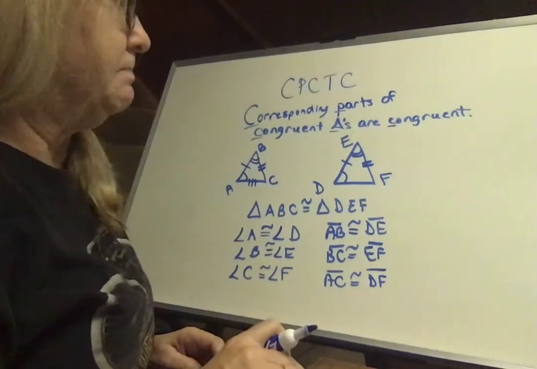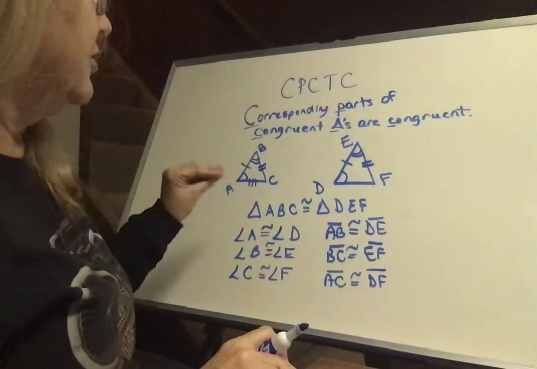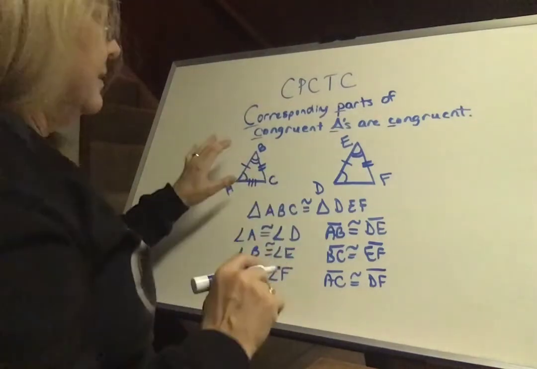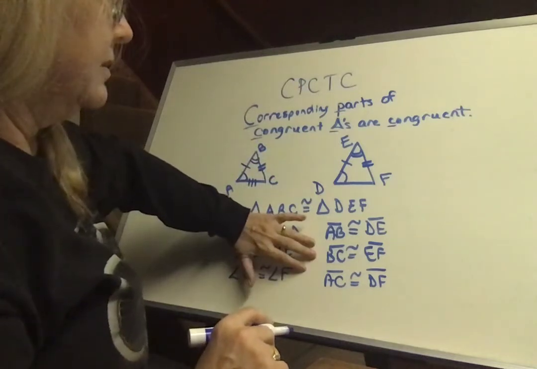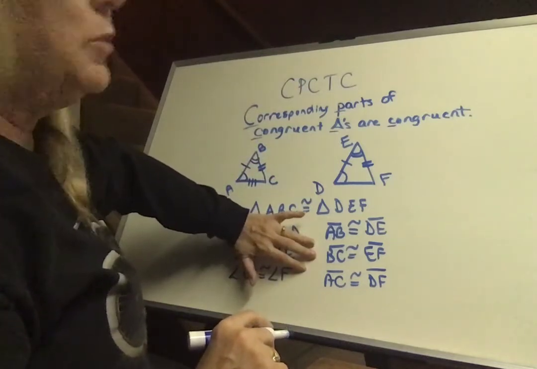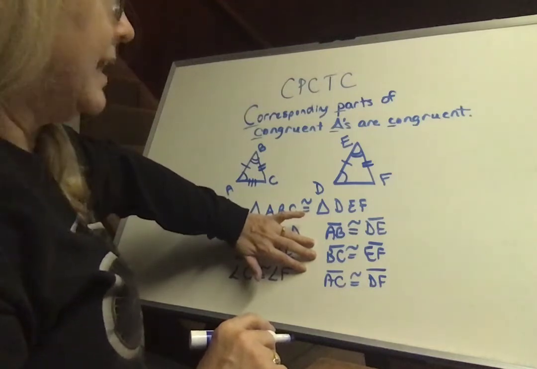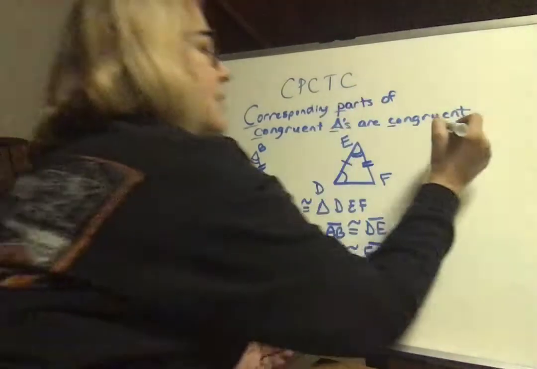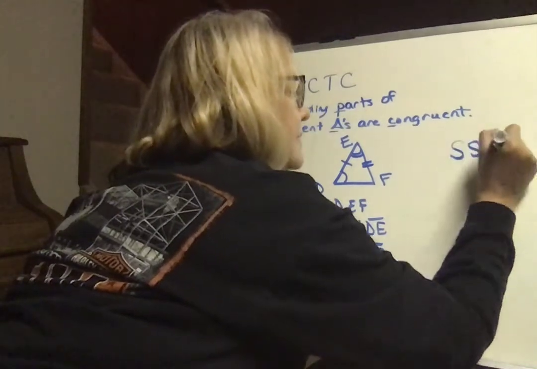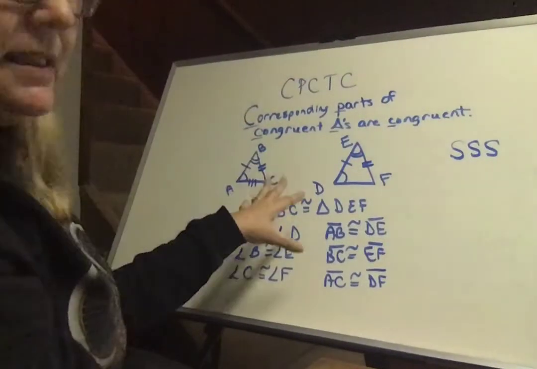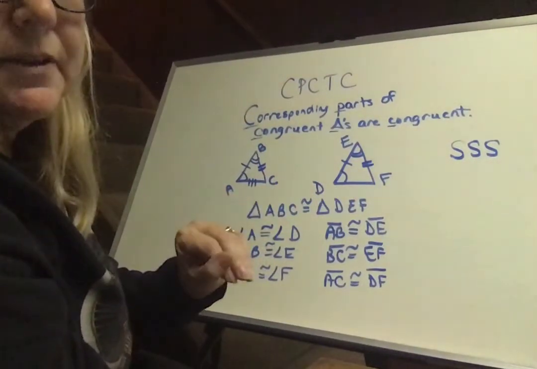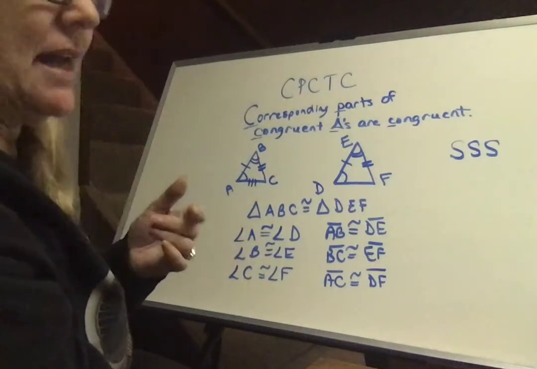Now, here's the thing. If we just knew that the 3 sides matched up, that would actually be enough to tell us that all the angles would match up. And that's called side, side, side. So if we know the 3 sides match, we have enough to say that all 6 parts match.